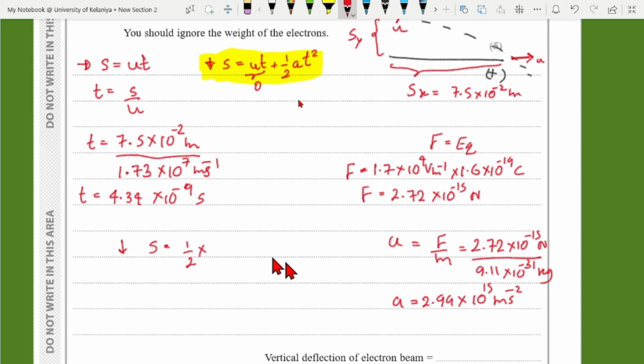So half, and I know now a is 2.99 times 10 to the power 15 meters per square second, times t square. t is 4.34 times 10 to the power minus 9, which I will write over here.